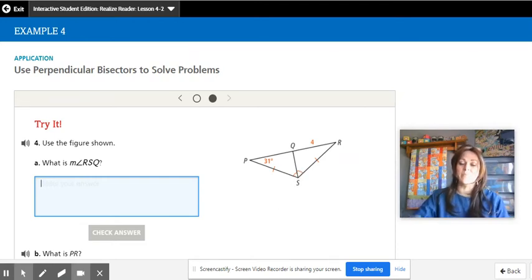But by the triangle sum, 31 plus 31 plus x equals 180. Once you get x, then you could divide it by 2 to get each half. So you're going to use the isosceles triangle theorem. If the side lengths are the same, those angles are the same, 31, 31.